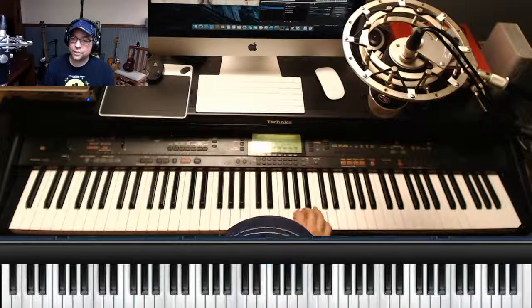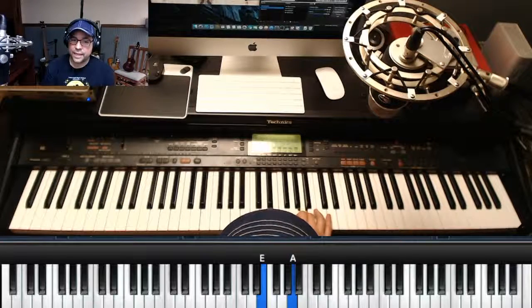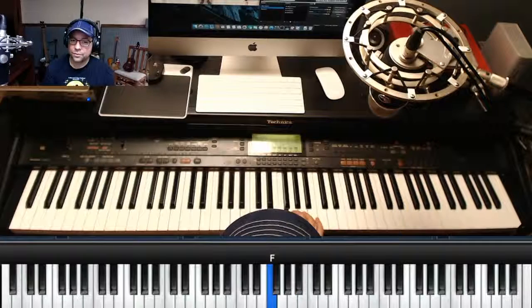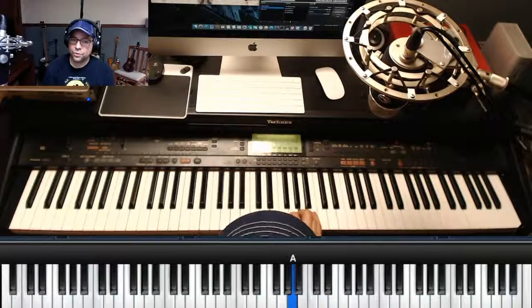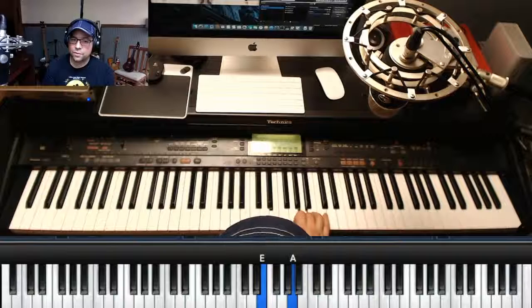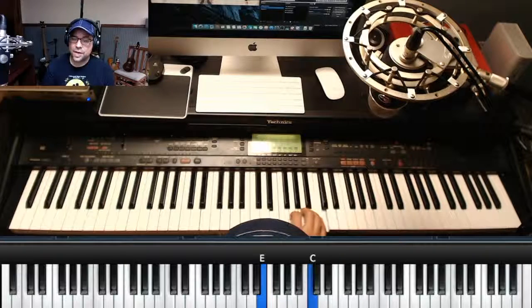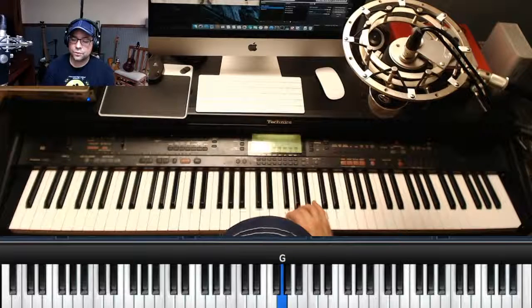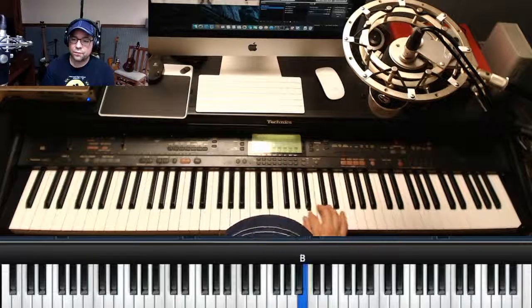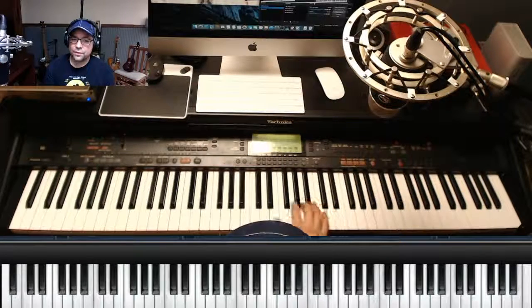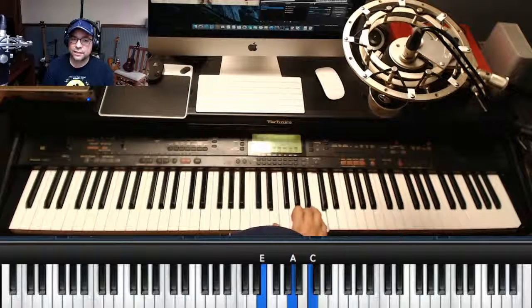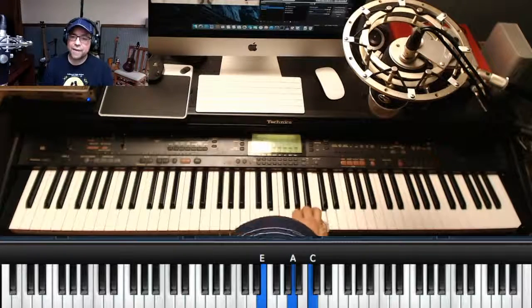If you notice, the interval from E to A is a fourth, 1, 2, 3, 4, and from E to C is a sixth, 1, 2, 3, 4, 5, 6. So we have the interval of a 4 and the interval of a 6. Put them together, we have an A minor 6/4.